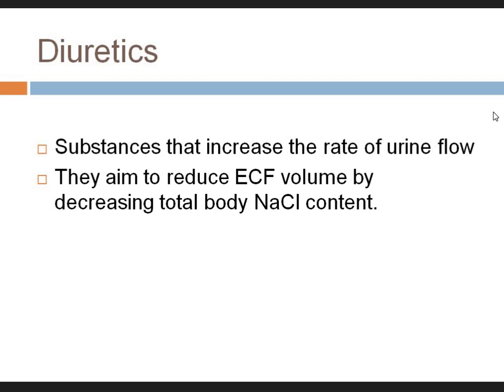They aim to reduce the extracellular fluid volume by decreasing the total body NaCl content. We know that if we stop reabsorbing the main constituents, that is NaCl, even water will not be reabsorbed and it will be eliminated. That is the main principle on which these diuretics are based. They try to stop the reabsorption of these important ions and thus secondarily stop the reabsorption of water and reduce the ECF volume.